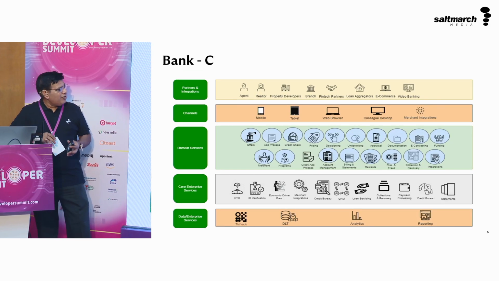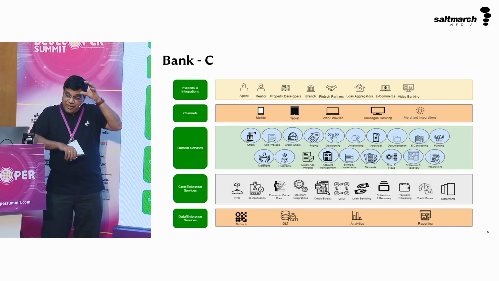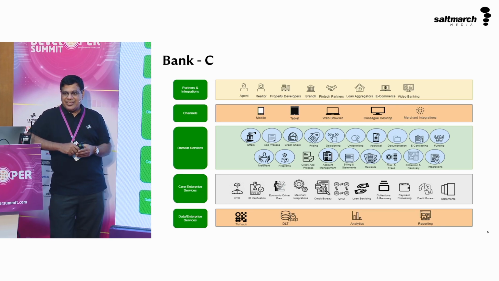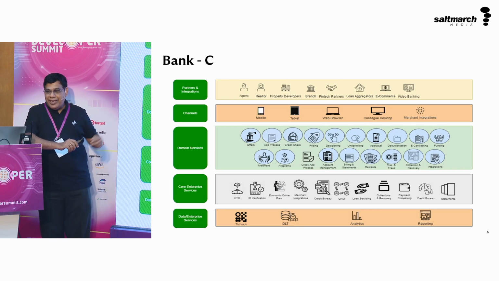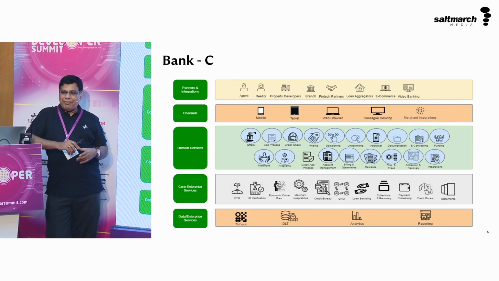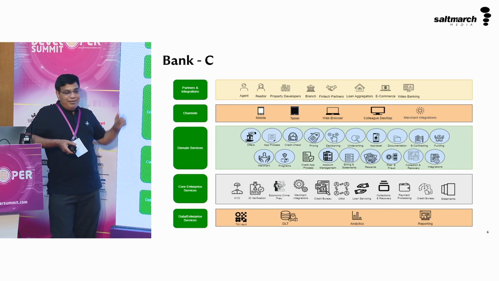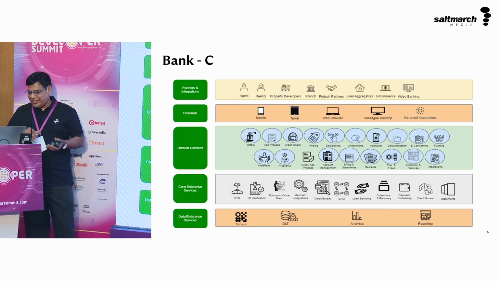And say you have another bank where your APIs are already exposed, and they are domain-based services rather than platform-based services. Which bank do you think is ready to gain more from embedded finance? Bank C. So this is the composable architecture.